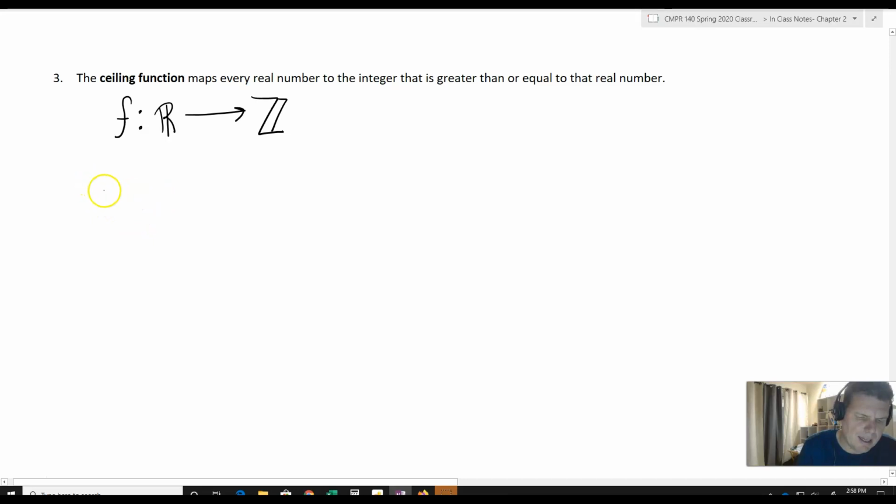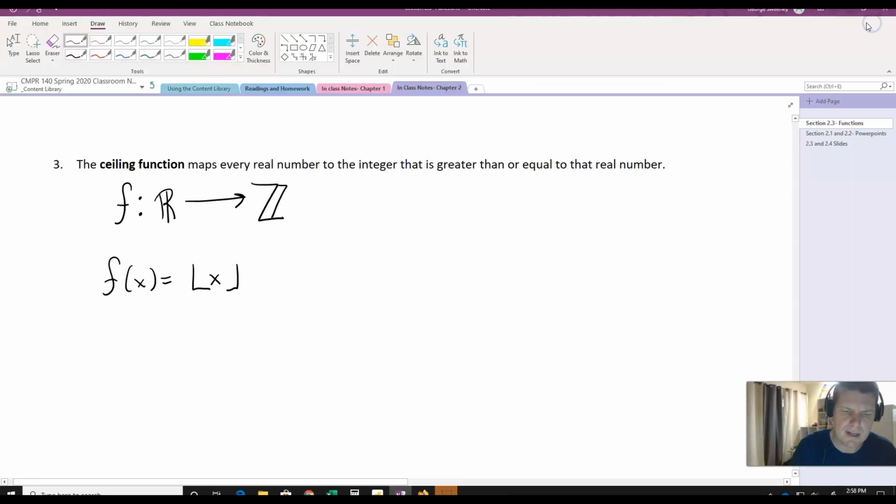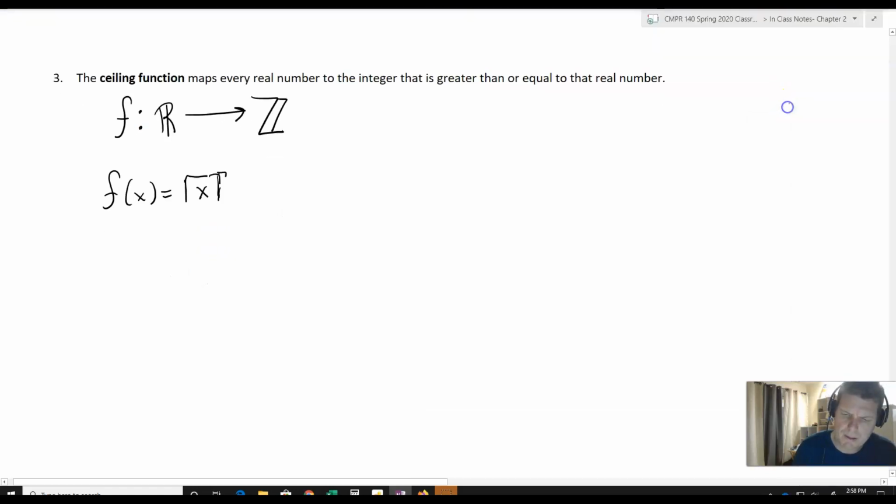We're going to say f of x equals ceiling of x, and it's going to look like this. Whereas the other one had a floor, this one's going to have a ceiling. What it's going to do is give the smallest integer that is greater than or equal to the real number value.